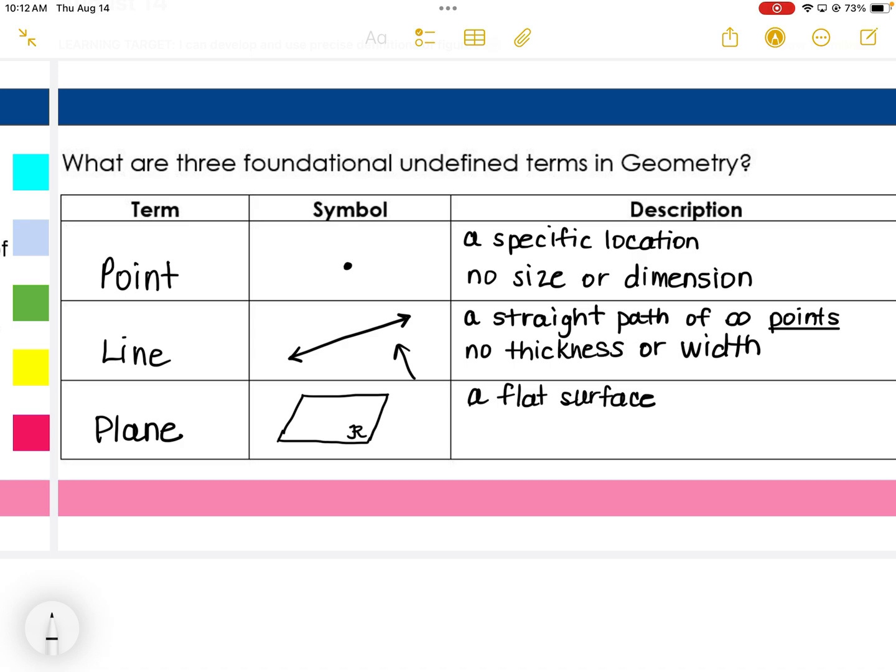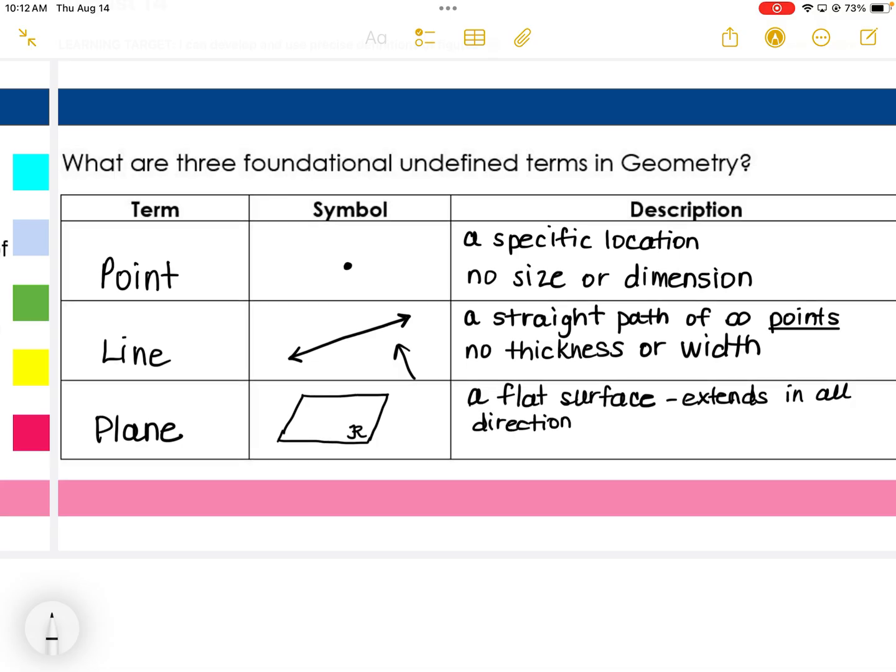A flat surface extends in all directions, all 4 directions. So if you're thinking of your desktop or a paper, the plane, you can see part of the plane, but it extends in all directions.